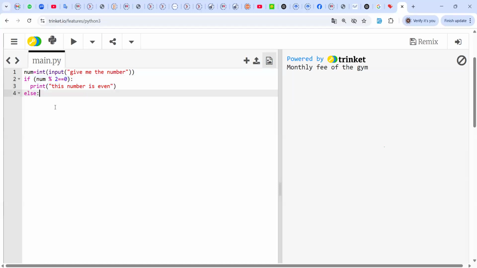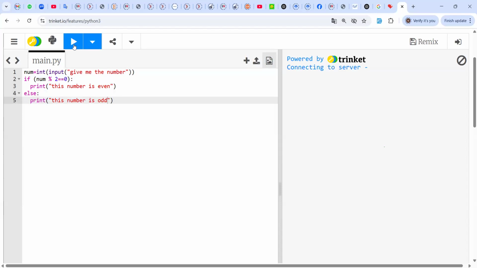Copy, paste, odd. And we run. He says give me the number. We give him 10, and he says this number is even, that means زوجي.